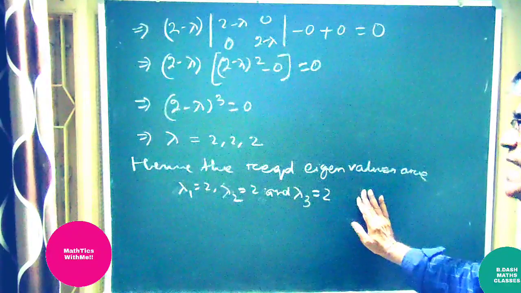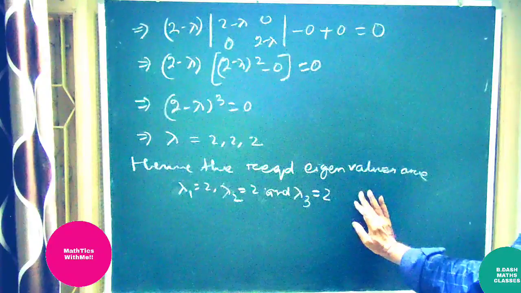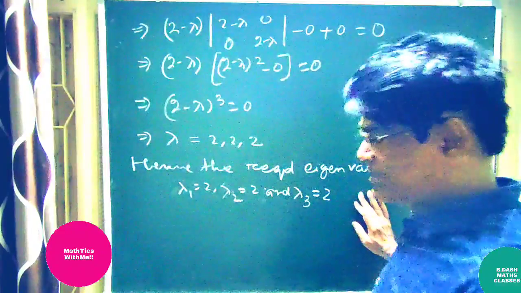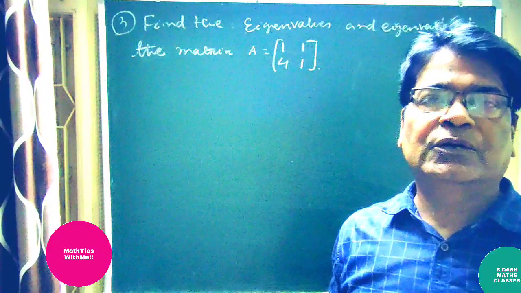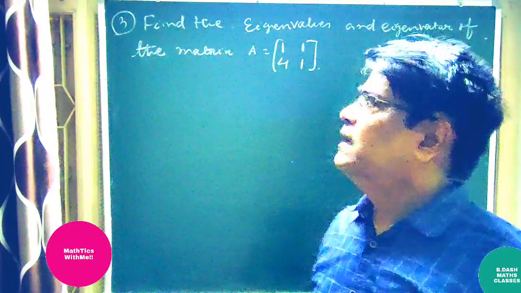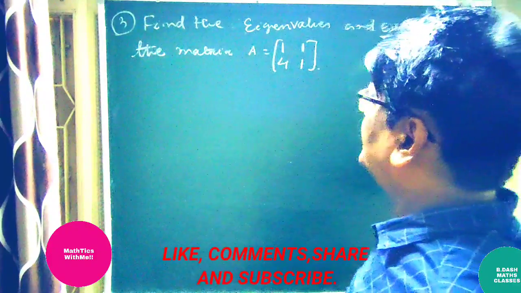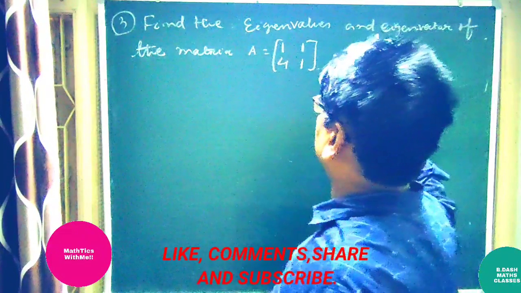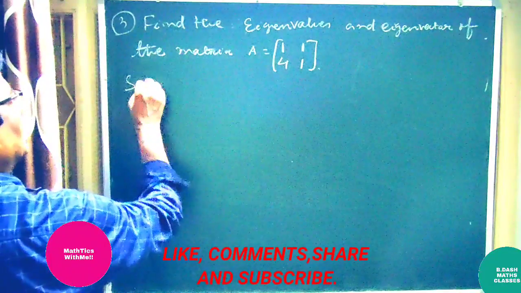So these are the eigenvalues of the given matrix A. Now let us proceed to the next problem. Our next question is: find the eigenvalues and eigenvectors of the matrix A equal to [1, 1; 4, 1]. Solution.